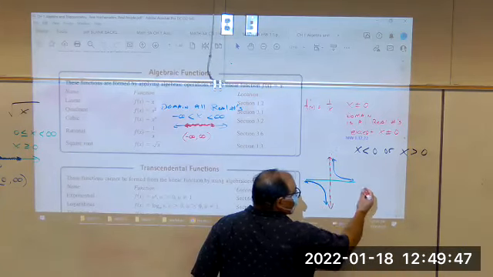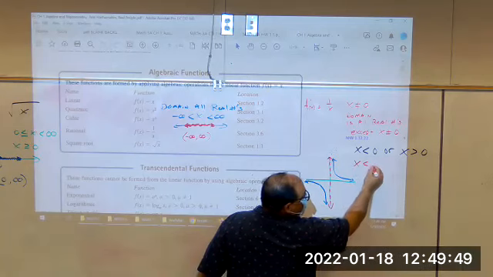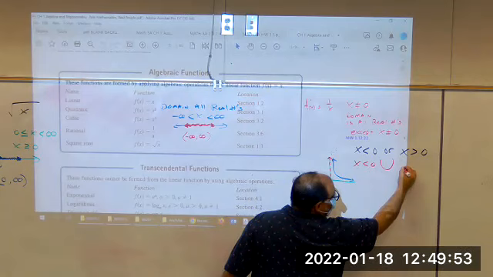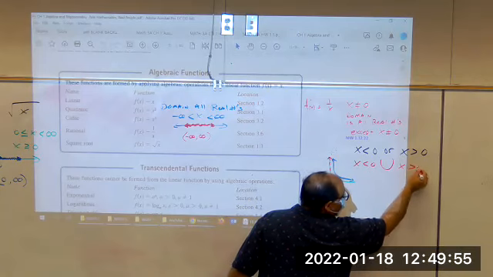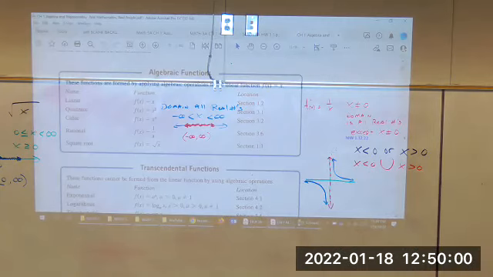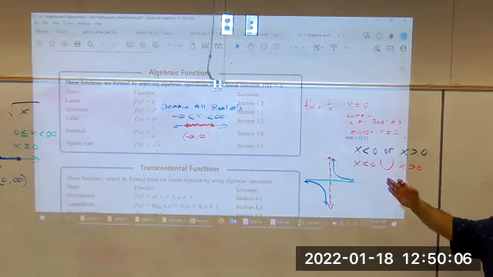The way this is written, x is less than 0, or x is greater than 0. That looks like a U, and that symbol actually means union.